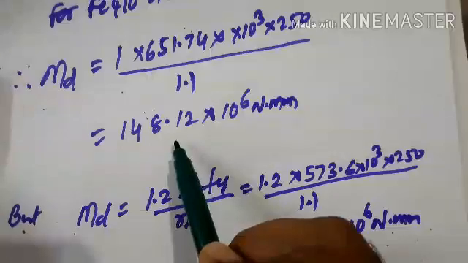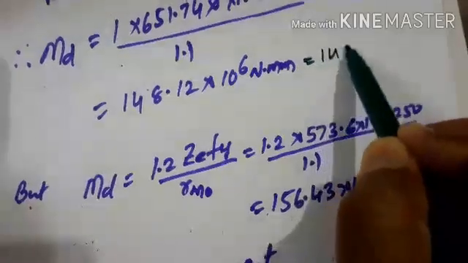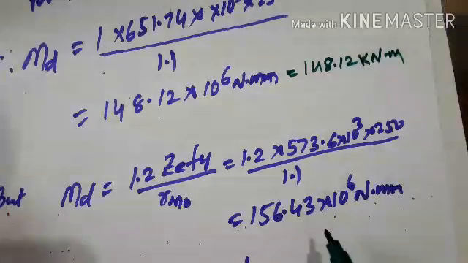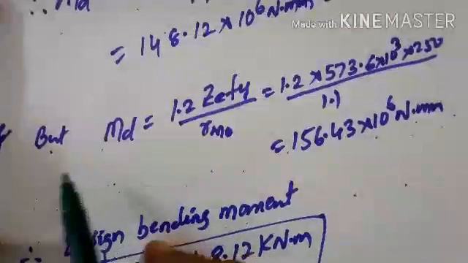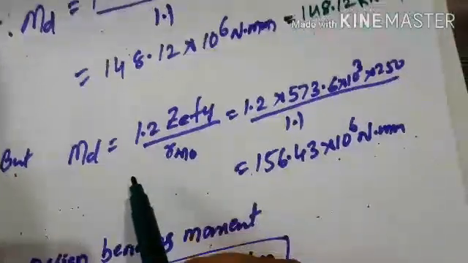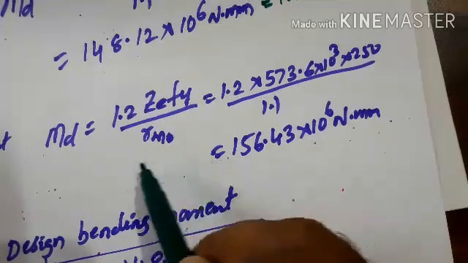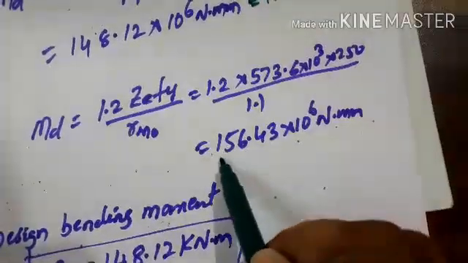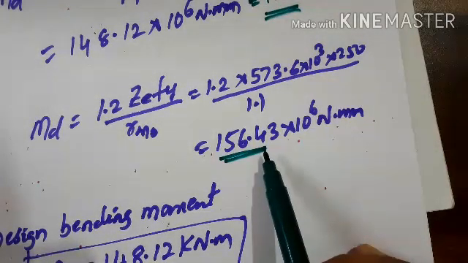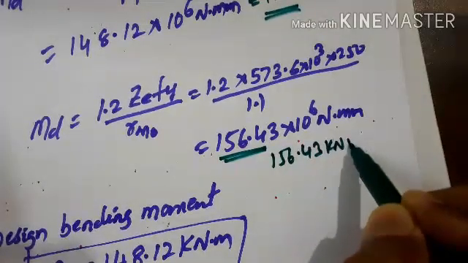Then we get 148.12 into 10⁶ Newton millimeter, or 148.12 kilonewton meter. Also this Md should be less than 1.2 Ze fy divided by gamma m0 for a simply supported beam, and that gives 156.43 kilonewton meter.